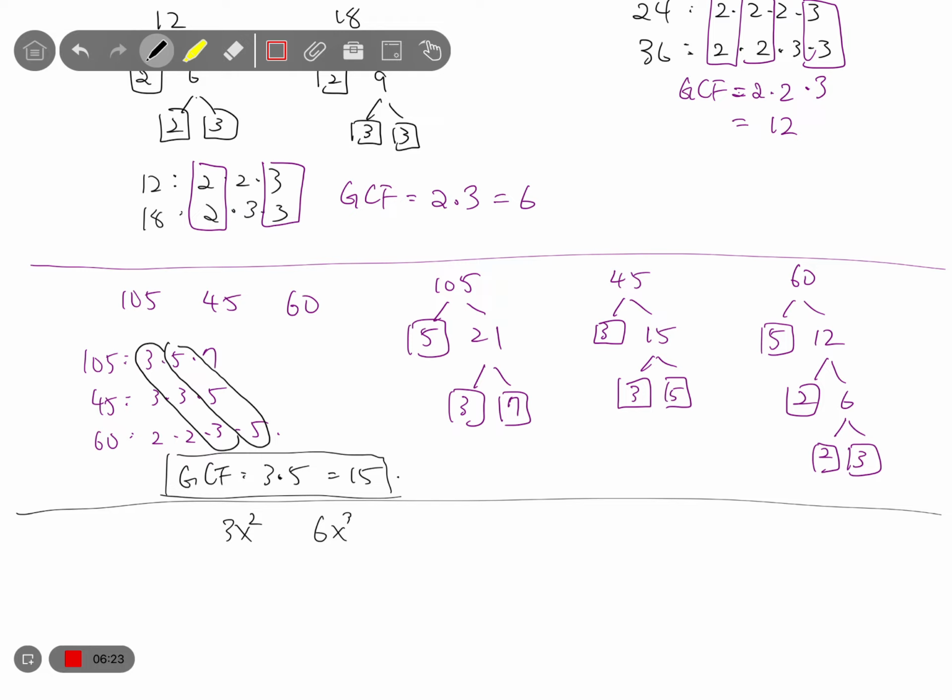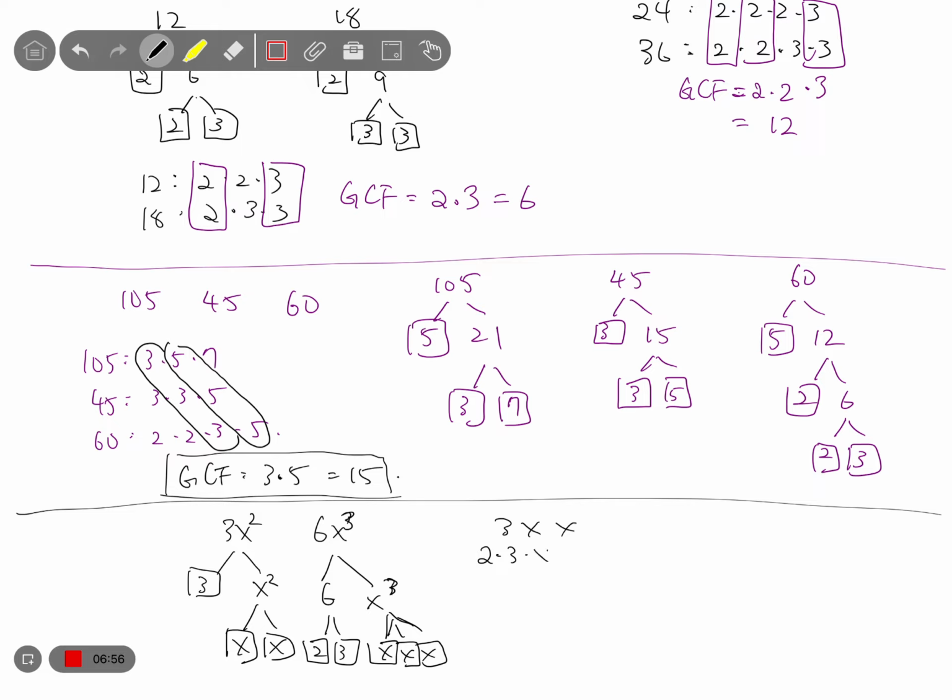I know 3x squared is 3 times x squared, and the x squared is the same as x times x. I know 6x cubed is 6 times x cubed, and the 6 is 2 times 3. And the x cubed is technically x times x times x. So what we end up having is 3xx versus 2 times 3 times xxx.